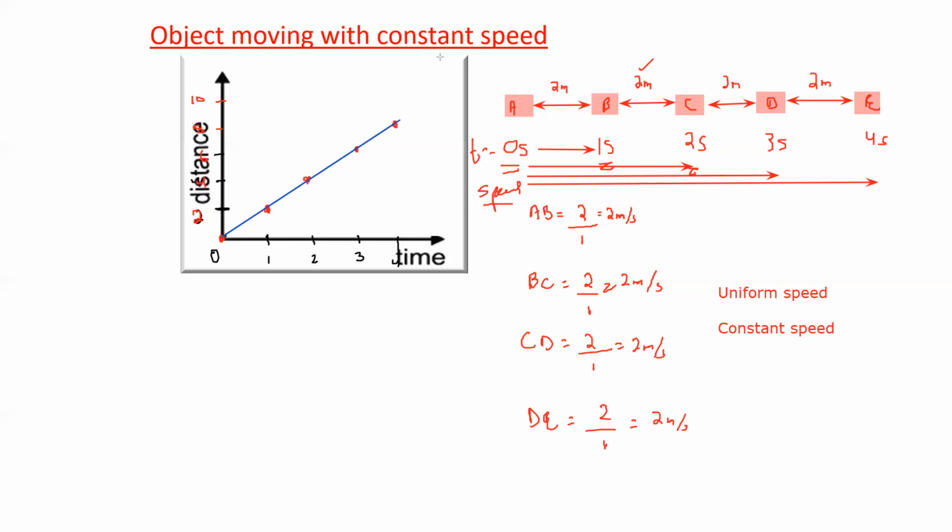Is it clear? The distance time graph for an object which is moving with a constant speed. Is it clear to everyone? The shape of the distance time graph for a constant speed.